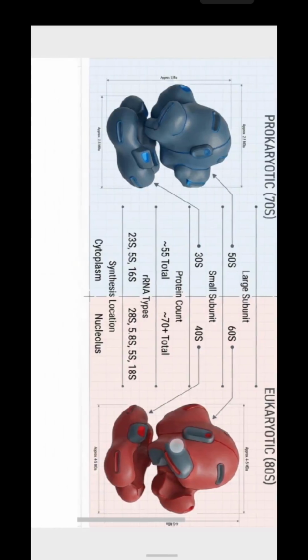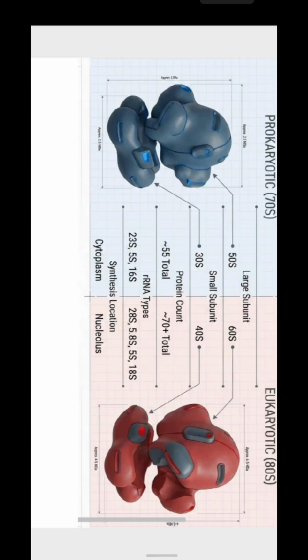Regarding the total protein count, in prokaryotic cells around 55 proteins are present in both subunits, while around 70 plus different proteins are present in eukaryotic 80S ribosomes.